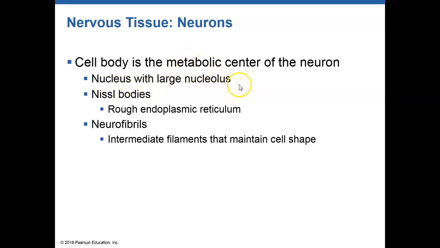A nucleolus is where the ribosomes are produced. We also have Nissl bodies, which are a specialized form of rough endoplasmic reticulum. And then we have neurofibrils. Neurofibrils are the intermediate filaments of the cytoskeleton that help to maintain the shape of the cell.